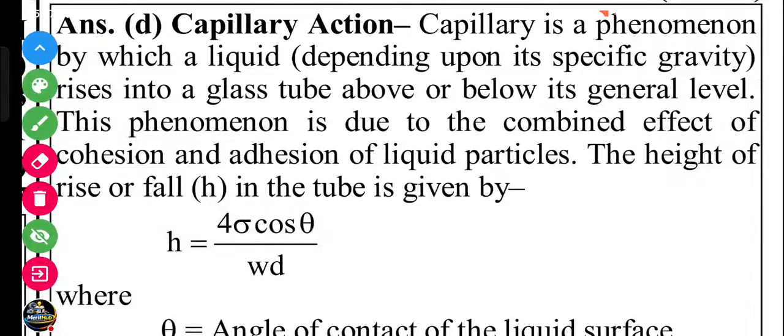Capillarity is the phenomenon by which a liquid, depending upon its specific gravity, rises into a glass tube above or falls below its general level. This phenomenon is due to the combined effect of the cohesion and adhesion of the liquid particles. The height of the rise or fall in the tube is given by h equal to 4 sigma by w d, where w is the specific weight.